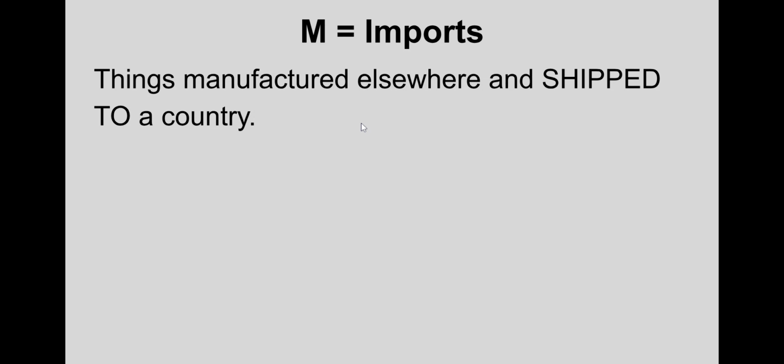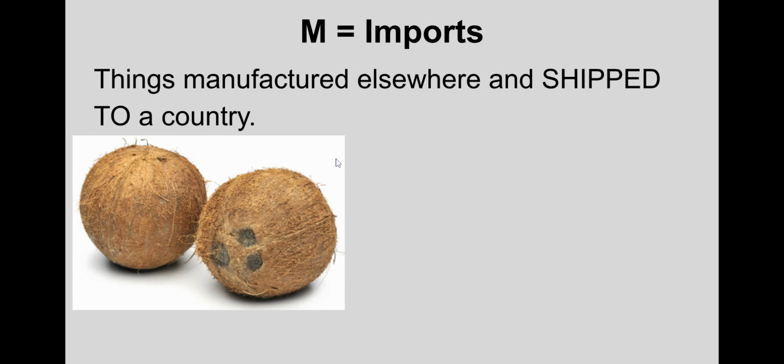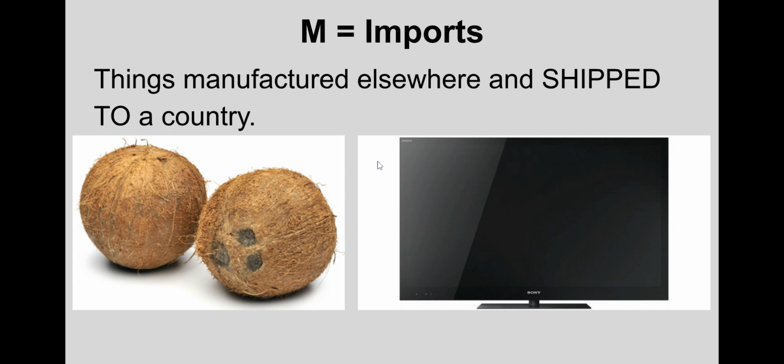So it makes far more sense for us to buy them from other countries. In the next unit, we're going to talk more about comparative versus absolute advantage, why we want to make some things ourselves and why we want other countries to make them. But the fact is, we don't grow coconuts really well in the United States.